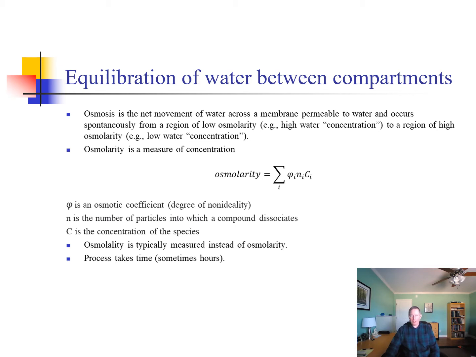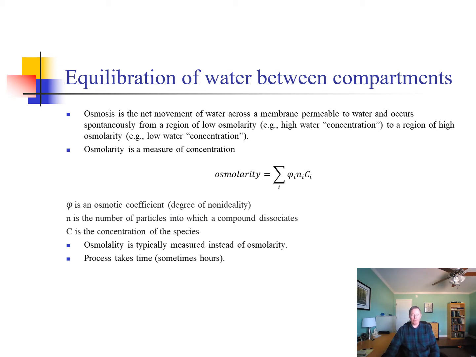Although clinicians don't generally calculate osmolarity, I will actually point out to you that to get this osmolarity, I'm going to sum up all of the particles that are dissolved. And I can actually use a formula for that, but I wanted to show you that the osmolarity is proportional to the concentration of those species.